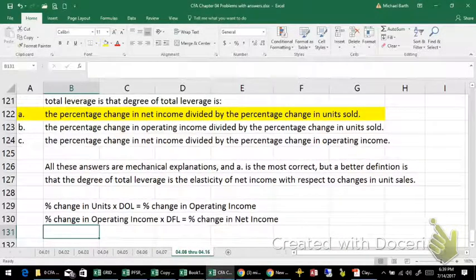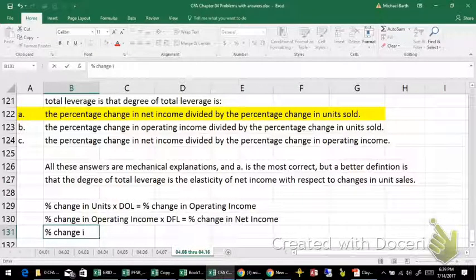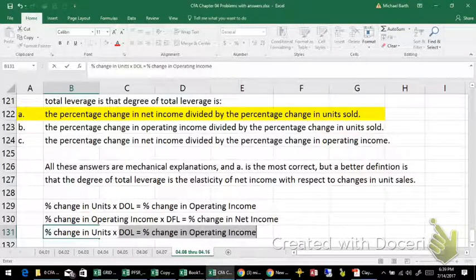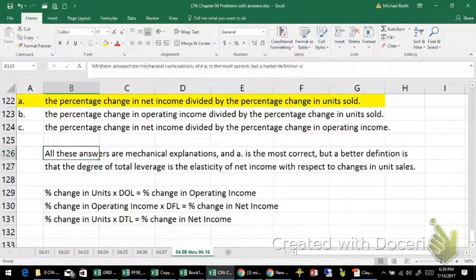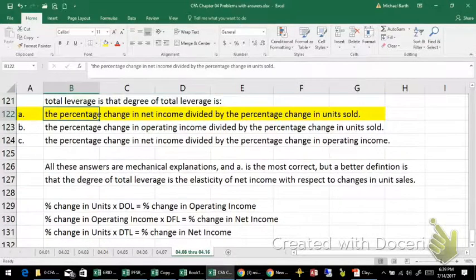And so if I multiply this times this, what it's going to tell me is that the percent change in sales, or unit sales, times the degree of total leverage would give me the percent change in net income. All right, and this says the percent change in net income divided by the percent change in units sold.